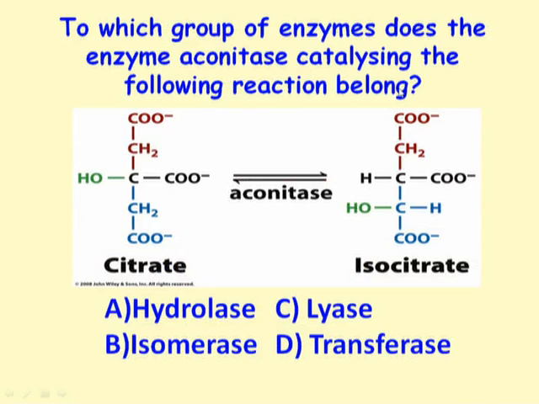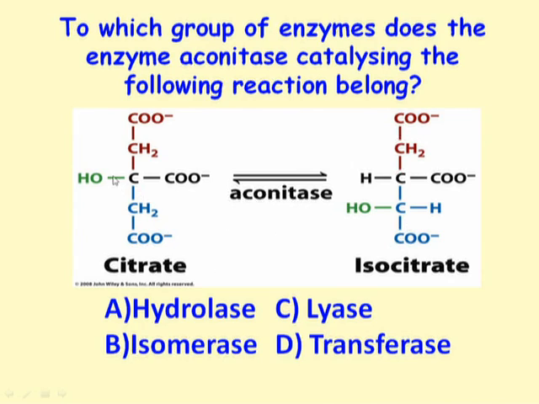Another question regarding enzyme classification: to which group of enzymes does the enzyme aconitase, catalyzing the following reaction, belong? A. Hydrolase, B. Isomerase, C. Lyase, and D. Transferase. We have to take a good look at the structure of the substrate and the product, and we see that citrate and isocitrate are isomers.